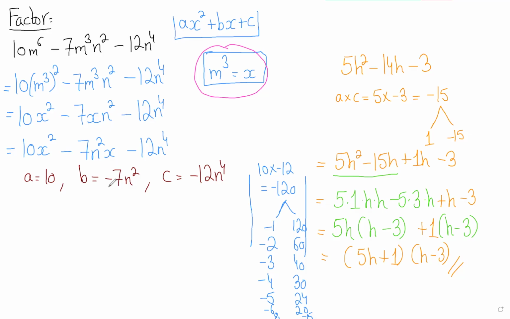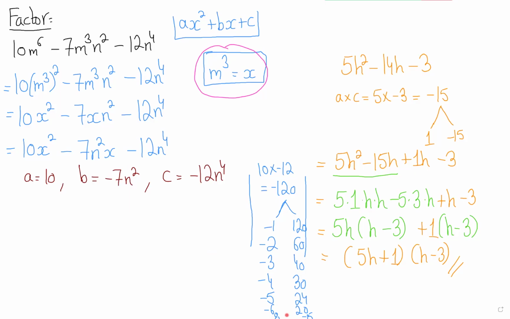So notice when we look for these factors, we're looking for the factors to satisfy a certain condition. And what is that condition? When you multiply those factors together, we should get a times c. In this case, a times c is 10 times negative 12, ignoring the n to the power of 4. When we add those factors, we should get the b value. In this case, again ignoring the n squared that we have here, the b value is negative 7.